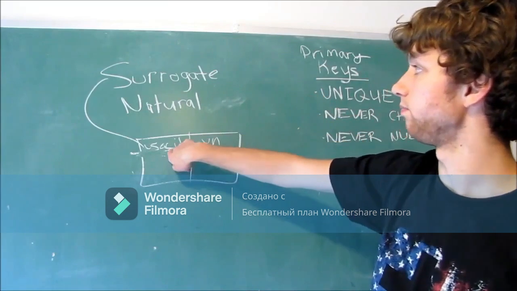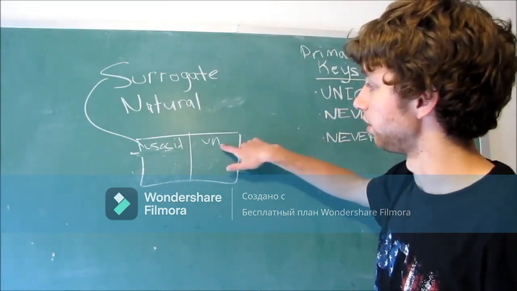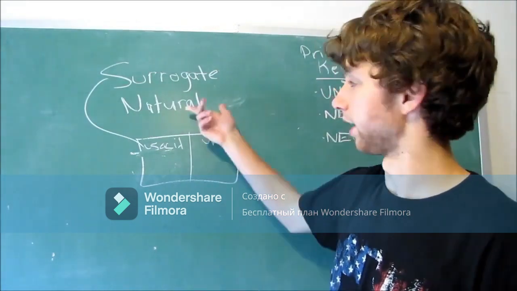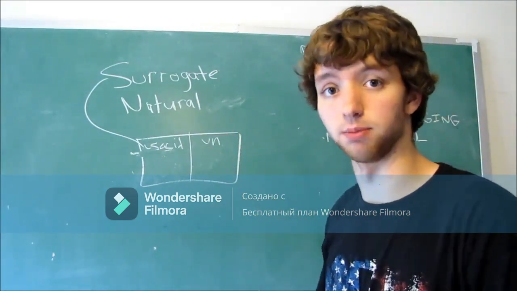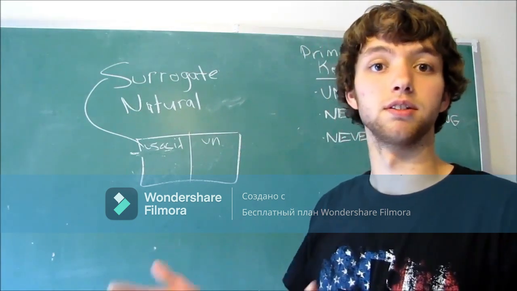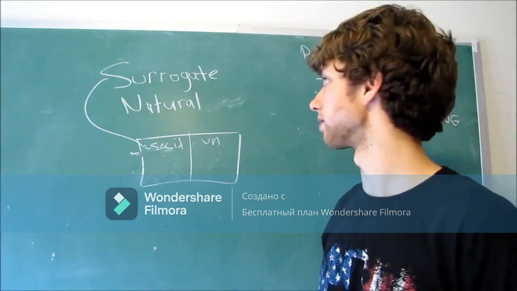So the user ID is a surrogate key, a random generated number. The username, we can index it and use it like a natural key when we search the database, but we're not going to use it to make connections between tables and references with foreign keys. So hopefully that makes things pretty clear.